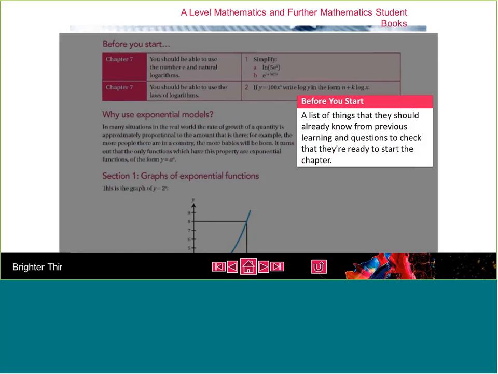We then have a before you start section, which is really about ensuring that your students are prepared for what's to come. I think now there's more on exponentials in the GCSEs, so hopefully they'll be more prepared. But as an ex-teacher, I do remember there are those times when students just weren't prepared for a chapter, so we try to make sure that they're led gently into it and there's no surprises.